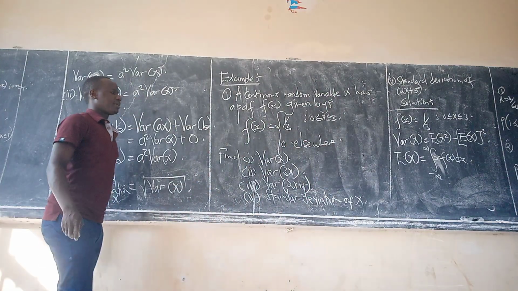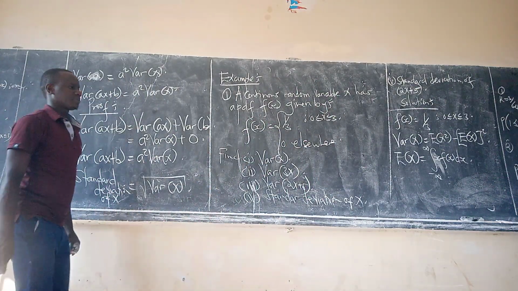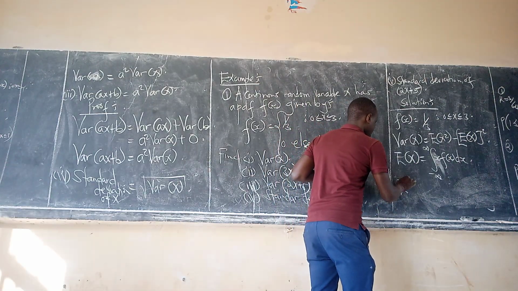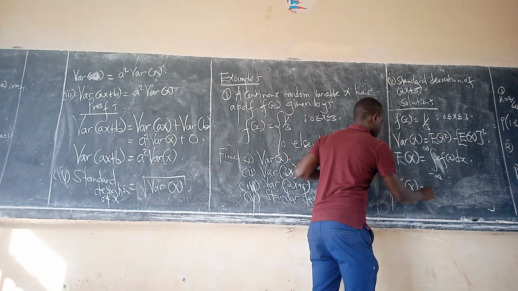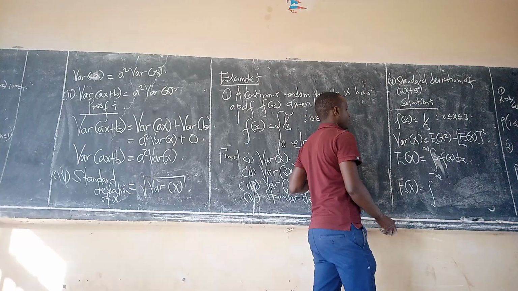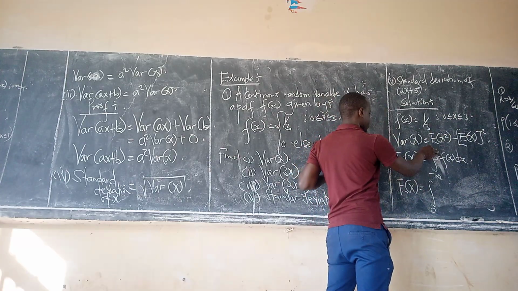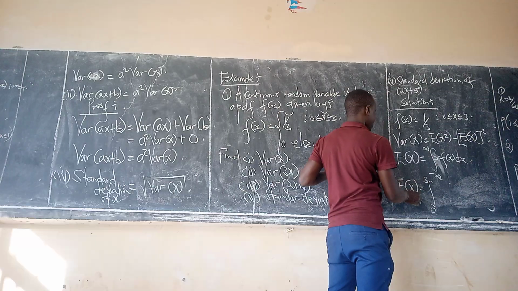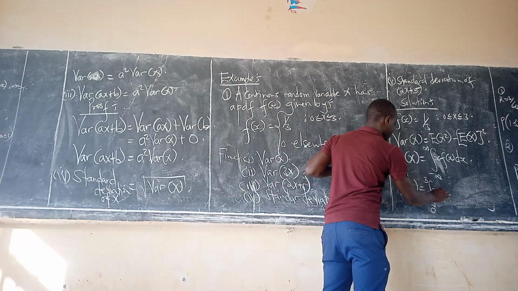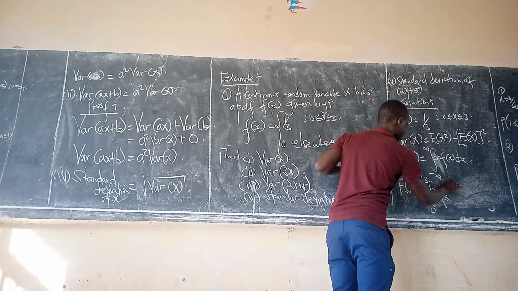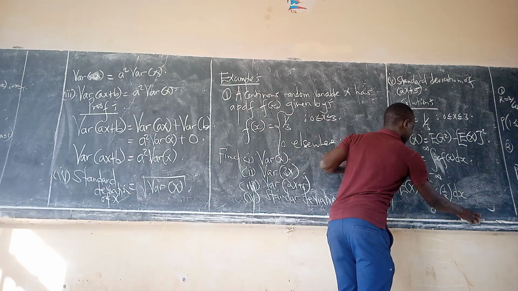That is how we get the expectation. Now we replace: where there is negative infinity, we put a 0. Where there is positive infinity, we put a 3. Where there is x, you leave it. Where there is f of x, you replace it with a third, then dx.